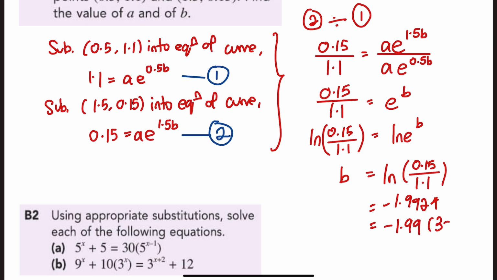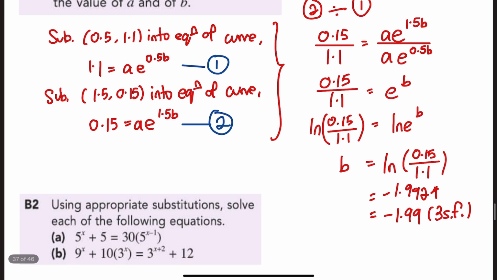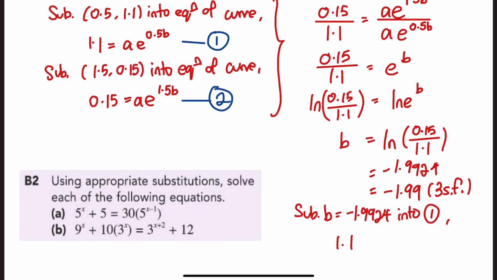Once I find the value for b, all I need to do is sub back into the original equation. Let's say I sub in b equals negative 1.9924, the 5SF version, into either equation 1 or equation 2. Let's say I choose equation 1. This means that 1.1 is equal to a e power 0.5 times negative 1.9924.